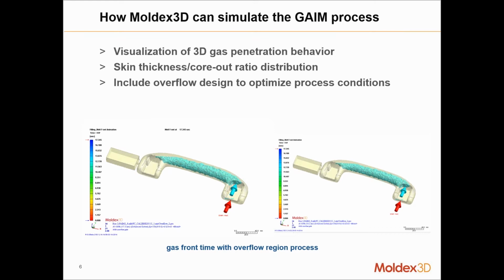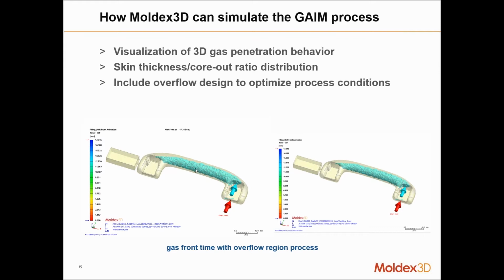But being able to predict, before actually injecting the part and the gas, where that big gas bubble is going to appear inside your part, which is this blue region here, is very difficult, especially for long, thin parts with a high flow length ratio.